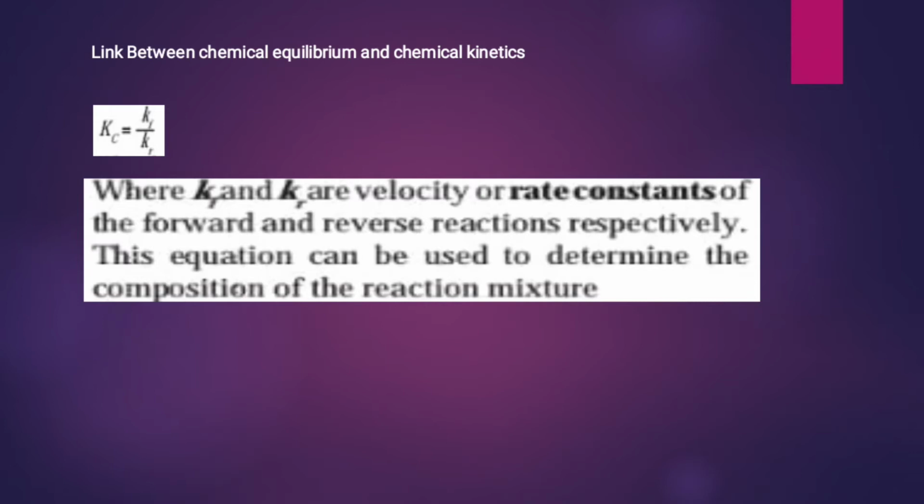Here Kc is the ratio of the rate constant of the forward reaction to the rate constant of the backward reaction, where Kf and Kr are also called velocity or rate constants, that is speed constants, of the forward and reverse reaction respectively. Now this equation can be used to determine the composition of the reaction mixture.